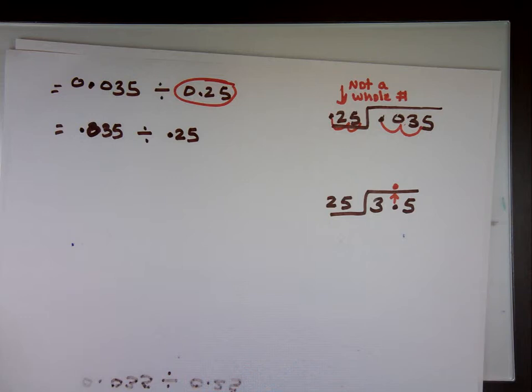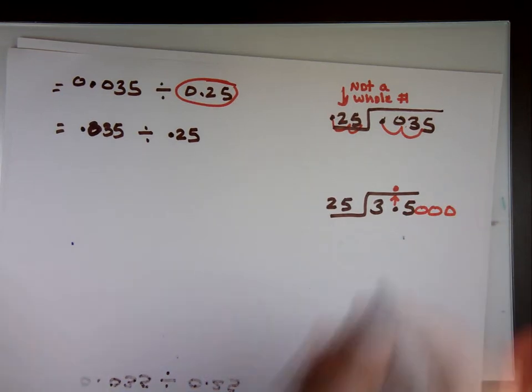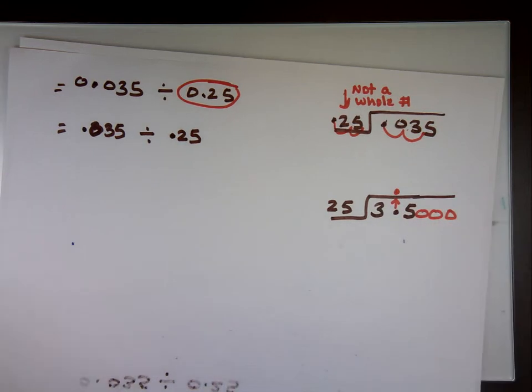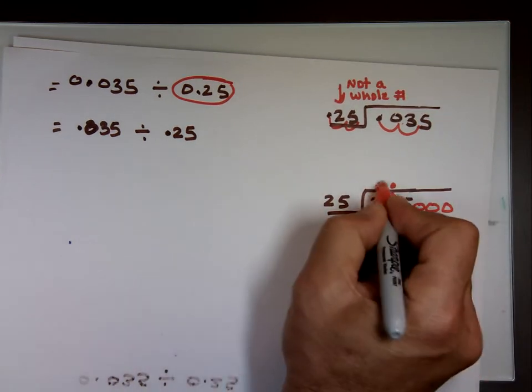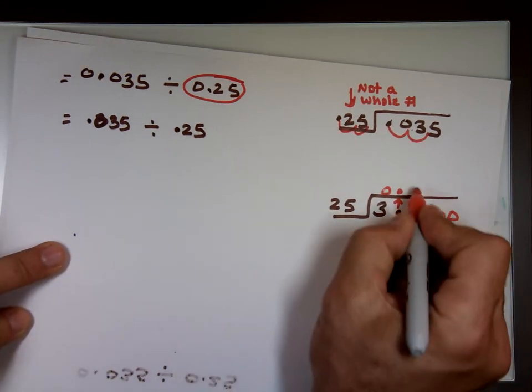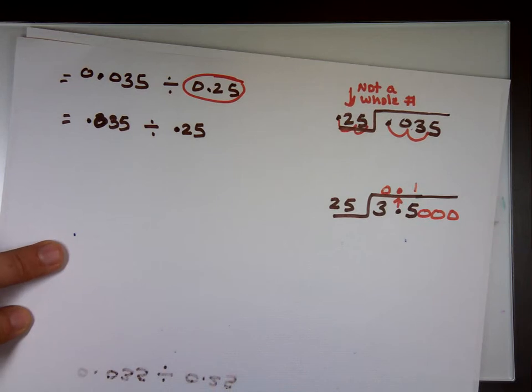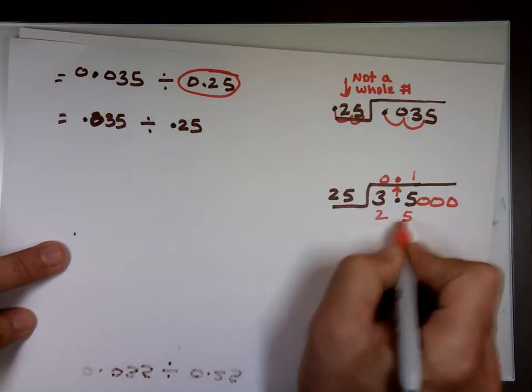And now I'm going to divide them. Again, keep in mind there's a lot of zeros if we need them. I just don't put them, or the book doesn't put them. Can you divide 3 by 25? No. Can we divide 35 by 25? 1. 1 times 25? 25.